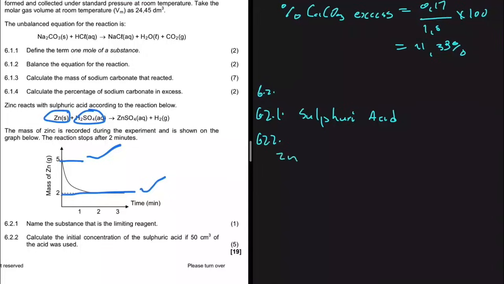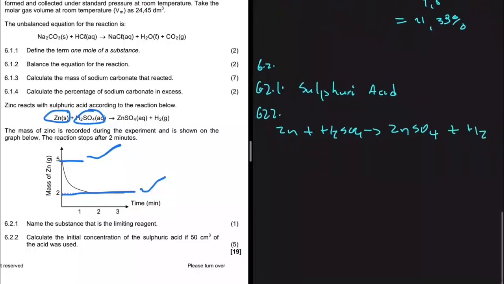So I have zinc plus H2SO4 giving me ZnSO4, plus H2. The question is saying from the sulfuric acid, let's find the initial concentration, right?